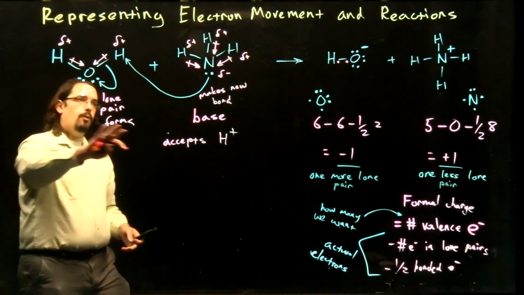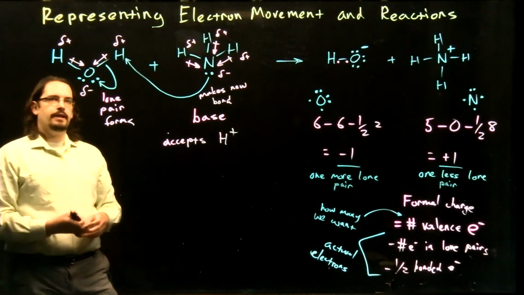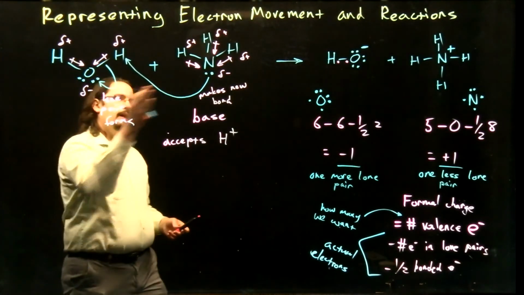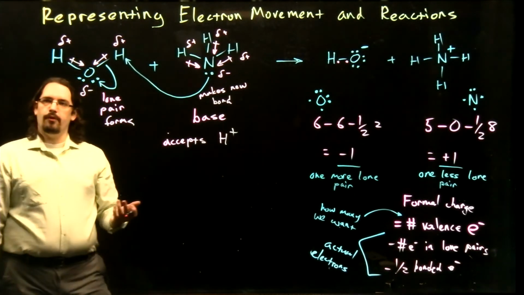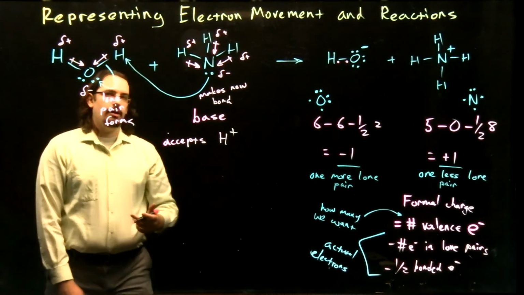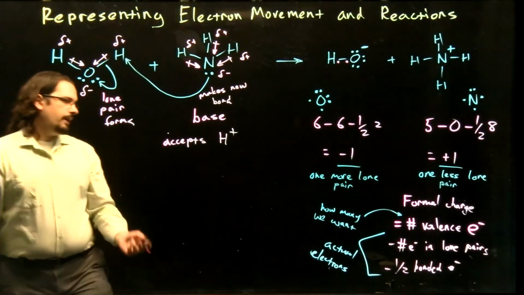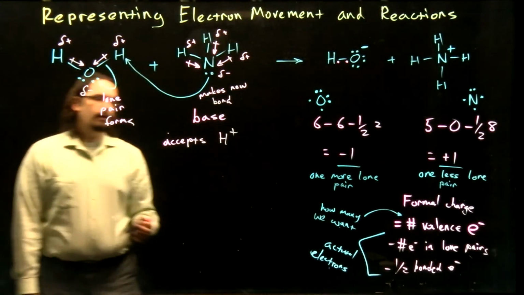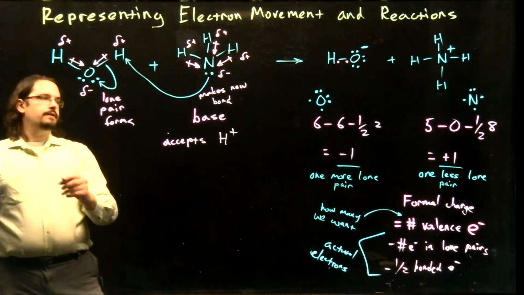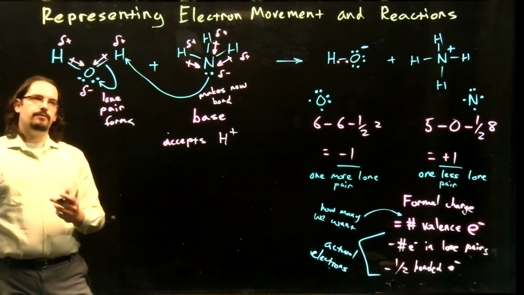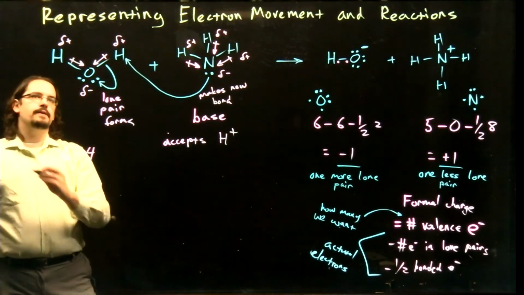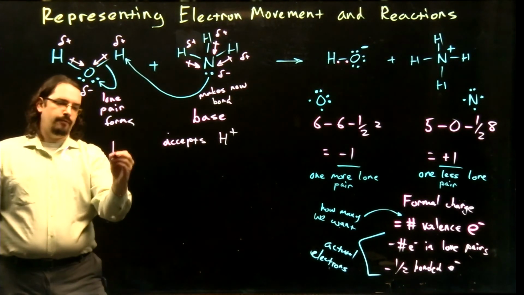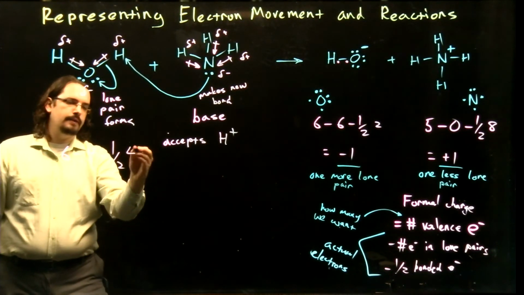For our initial water and ammonia, of course, here we have as many lone pairs as we would expect. So these have no formal charge. They have a formal charge of 0. We can also calculate that formally using our equation. So it would be 6, the number of electrons we expect for oxygen, minus 4 electrons in our lone pairs, and then minus half of those electrons in our bonds.